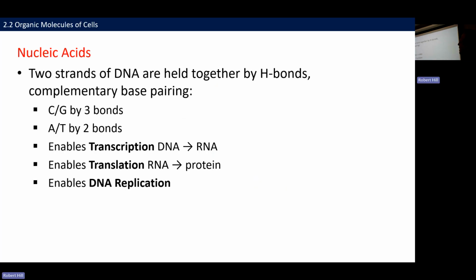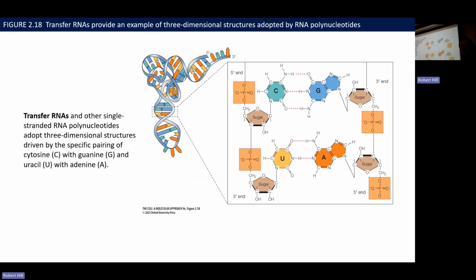Remember, like we said before, it's this complementary base pairing that enables processes like transcription and translation, a flow of information, and also enables DNA replication. Because we can split the molecule, break the hydrogen bonds, and we have a template on one side. By reading just that side, you know what the other side is because of complementary base pairing.